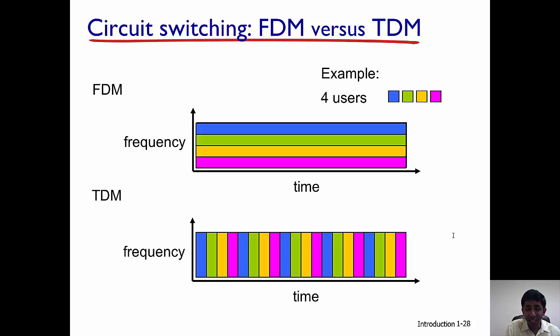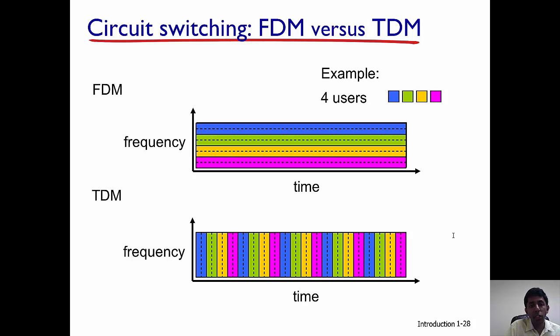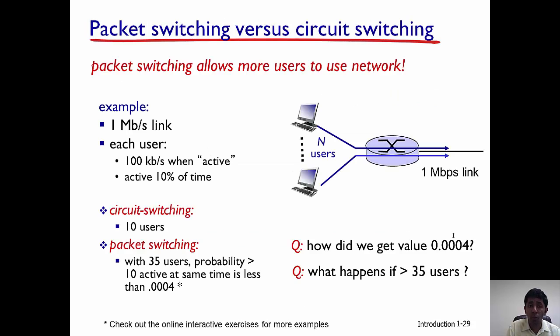Once this entire resource has been allocated, only then can communication take place. The biggest advantage of circuit switch networks is that once a connection has been established, the entire resource is allocated to it. There is no sharing of resources.